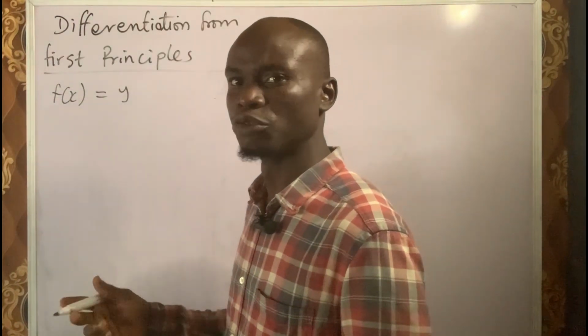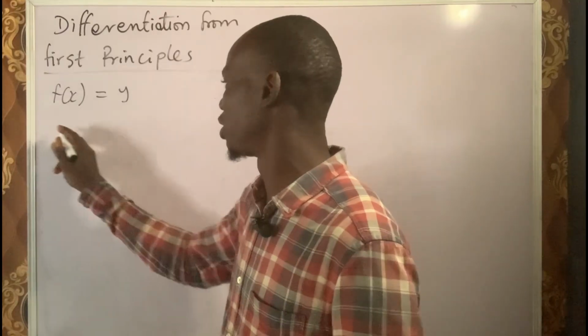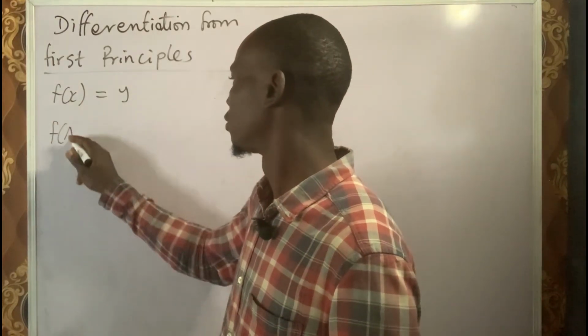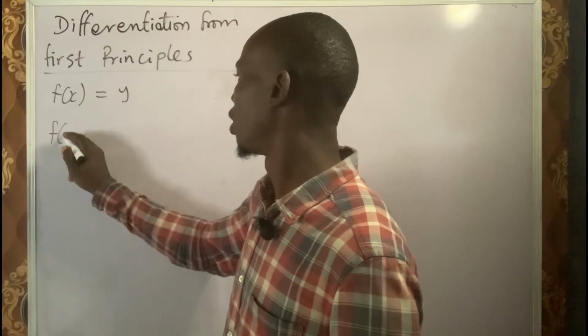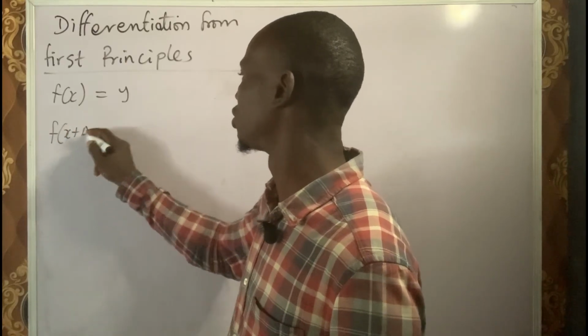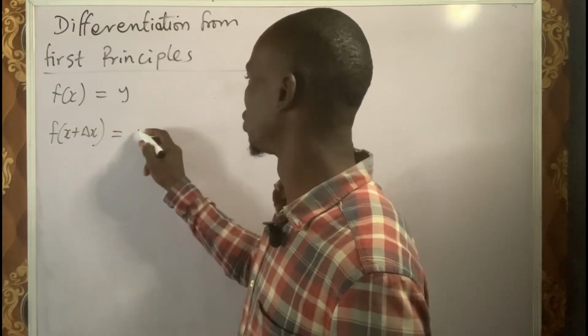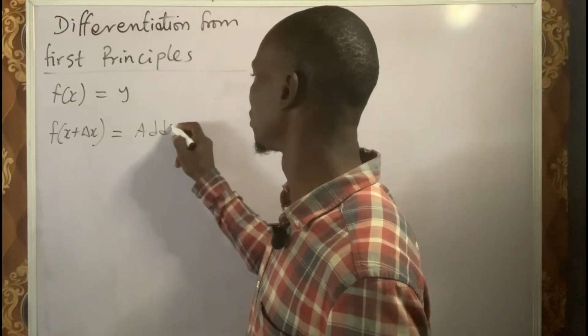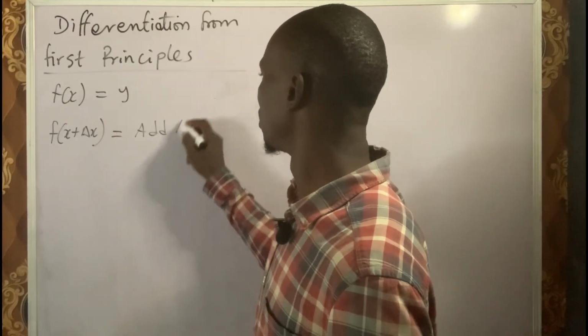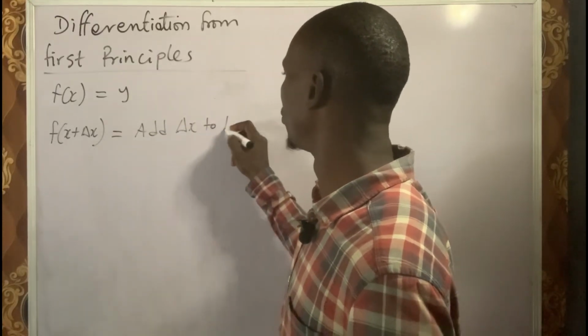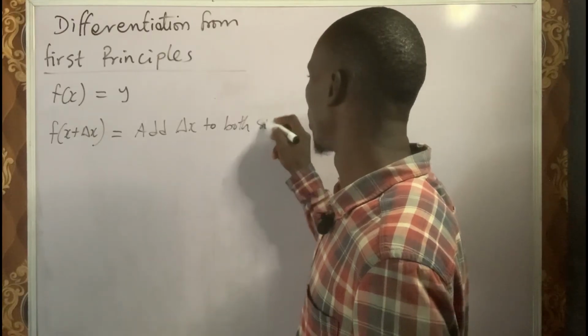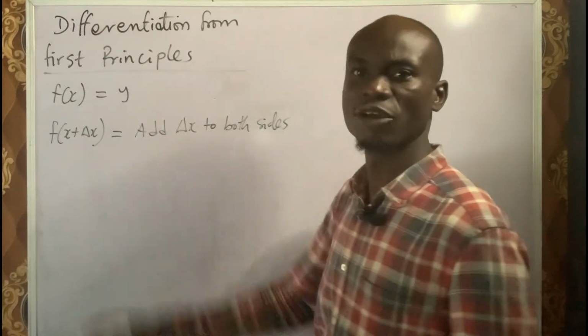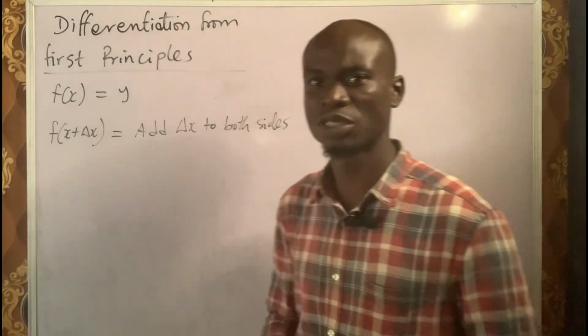The next thing I do is to add change in x to both sides. So this becomes f of x plus change in x. What I just did here is that I added delta x to both sides. So this is the second step.